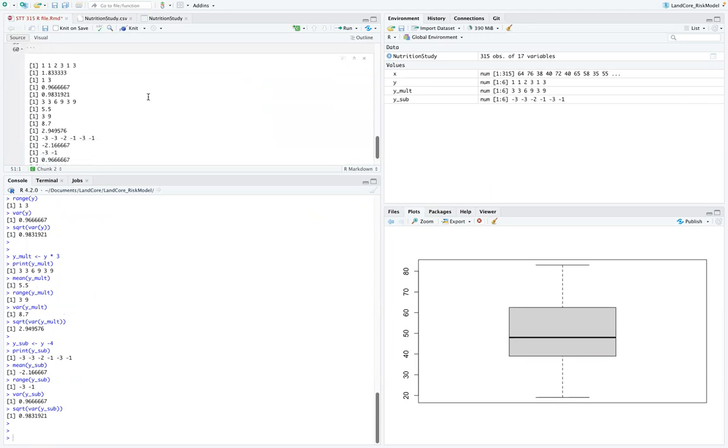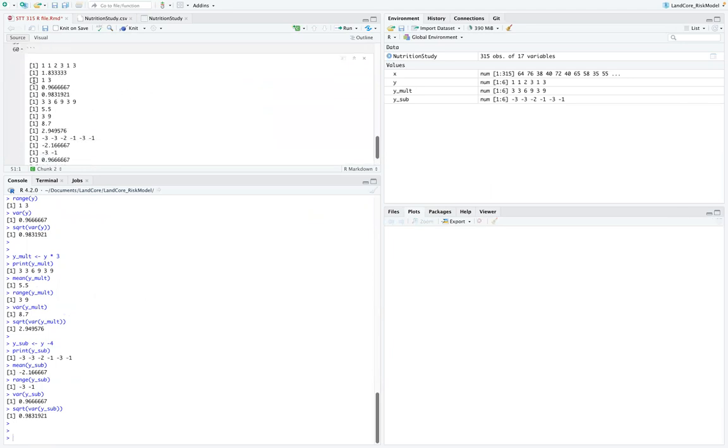But so here's part A, here's part B, and then here's part C. So what can we notice about the mean, variance, and standard deviation? What seems to affect it?